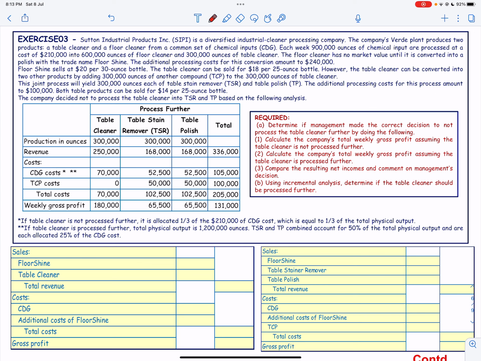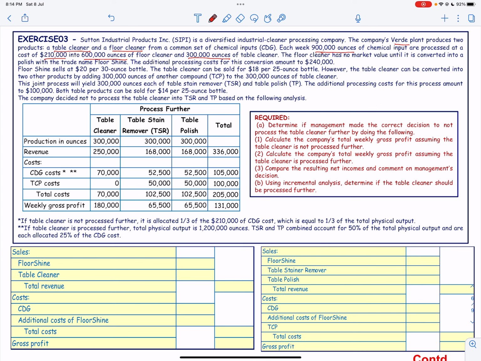The company's Verde plant produces two products, a table cleaner and a floor cleaner, from a common set of chemical inputs, CDG. Each week, 900,000 ounces of chemical input are processed at a cost of 210,000 into 600 ounces of floor cleaner and 300,000 ounces of table cleaner.